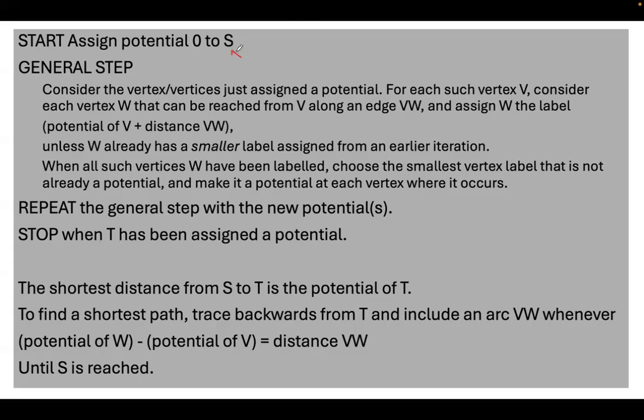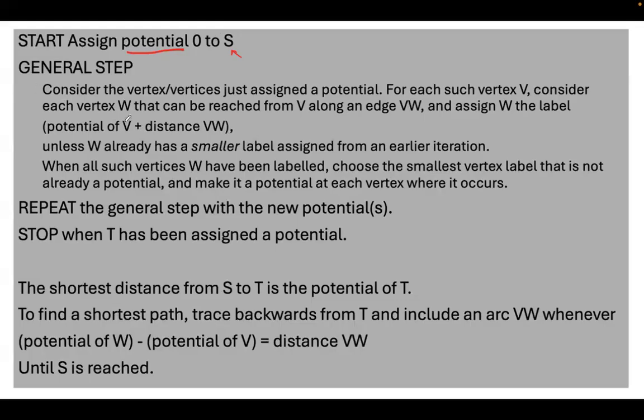So each vertex is going to have some potential to say, here's how much effort or time or distance it will take to get from here to some other vertex. This pseudocode calls that the potential. So just that shortest amount.